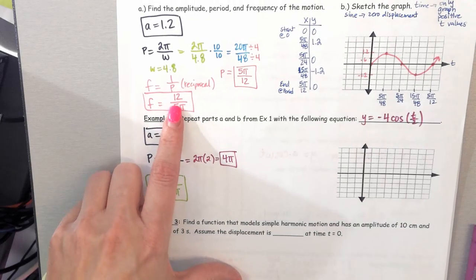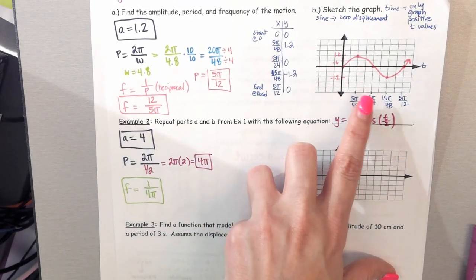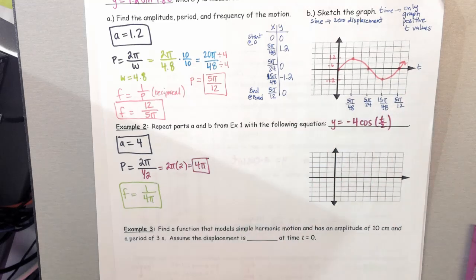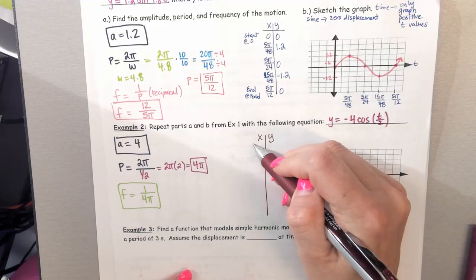Okay, for this one, it means you have 12 waves every 5 pi. So if we were to continue this graph out to 5 pi, we would see 12 cycles. Okay, that's what the frequency is. All right, so then let's create our graph.